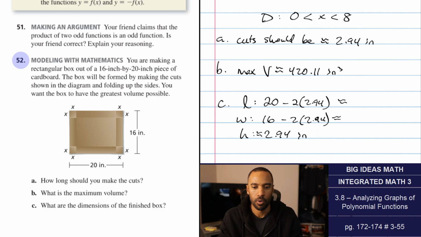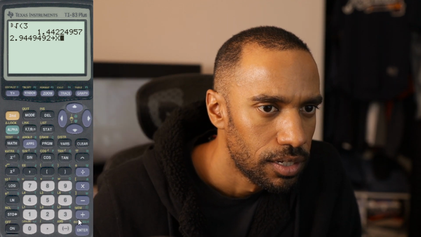So my more exact number that I have here is 2.94449492. Let's store that as x. So let's do 20 minus 2x and 16 minus 2x.